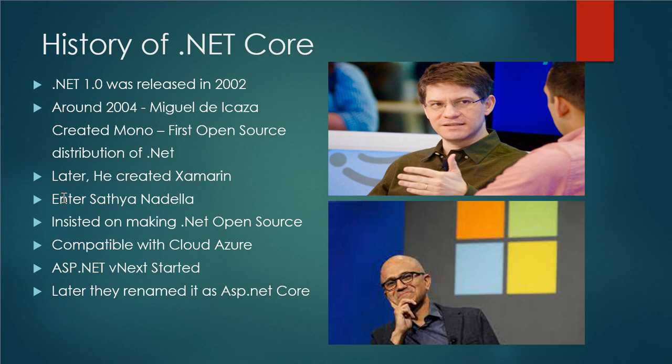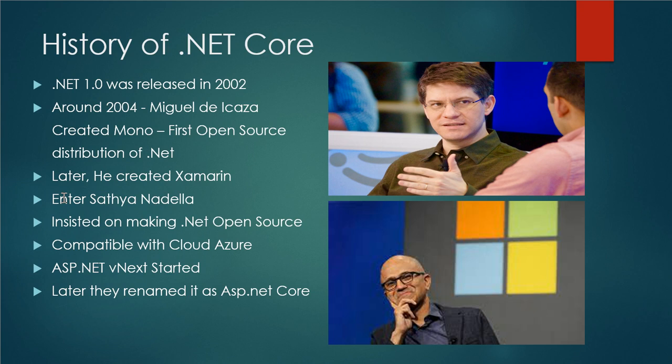Then Microsoft acquired GitHub, which is kind of my open source revolution. All these things helped Microsoft make .NET Core open source and cross platform. So that's the history of .NET Core.